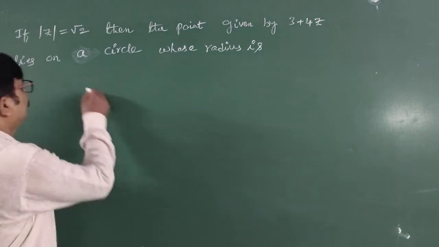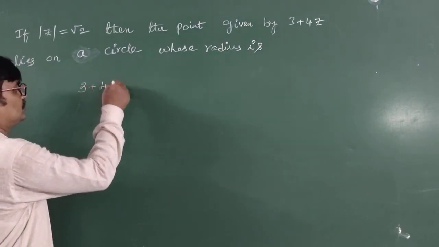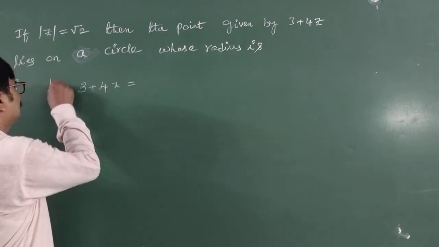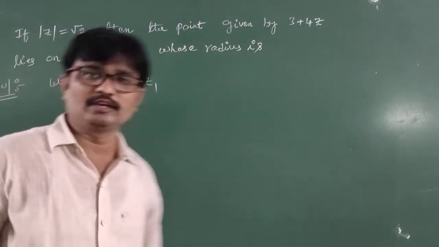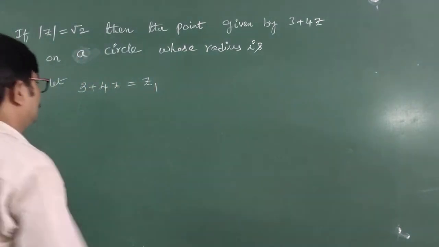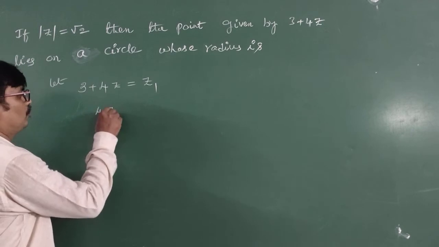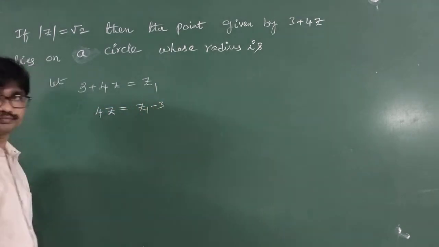Therefore, now dear students, we can take 3 plus 4z equal to some z1. z1 is nothing but x1 plus iy1. So after that, students, 4z equal to z1 minus 3.